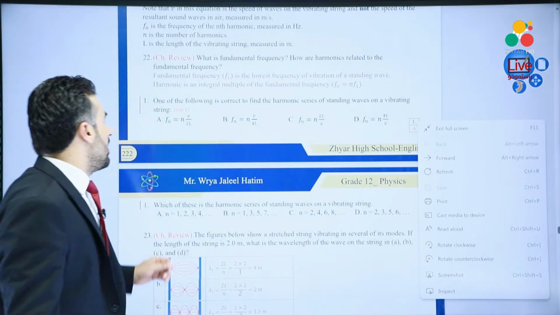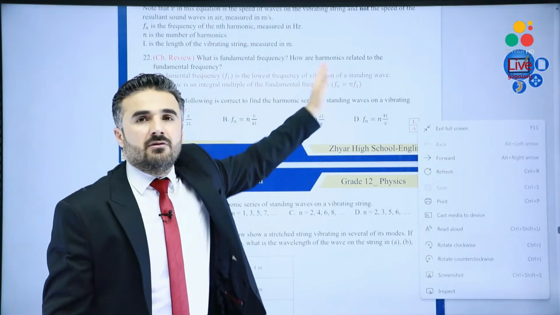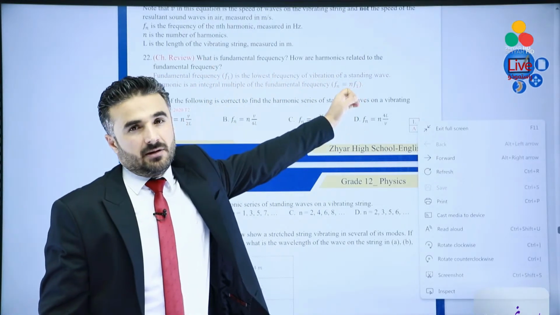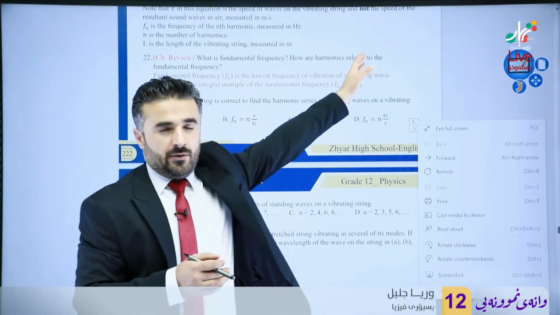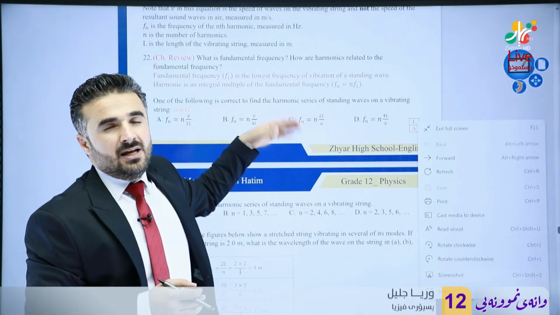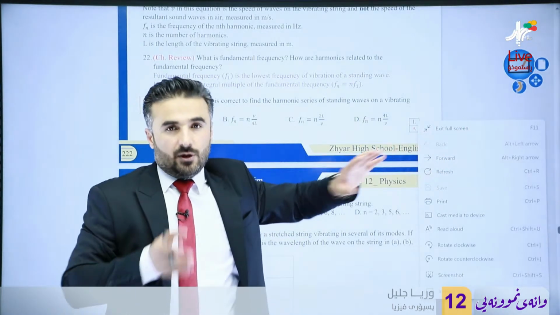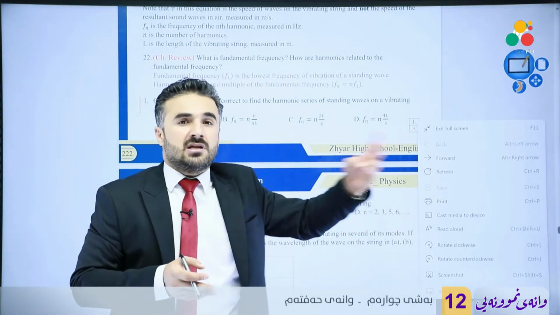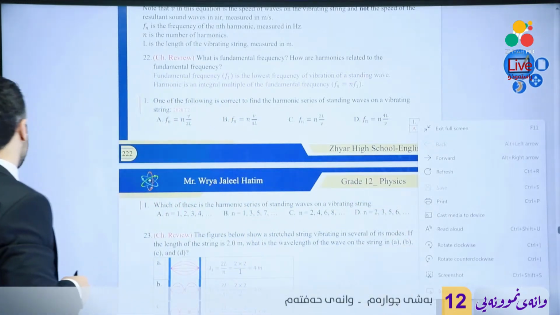Harmonics would be the integral multiples of that fundamental frequency, like 1 times that frequency, 2 times that frequency, 3 times that frequency, and so forth.